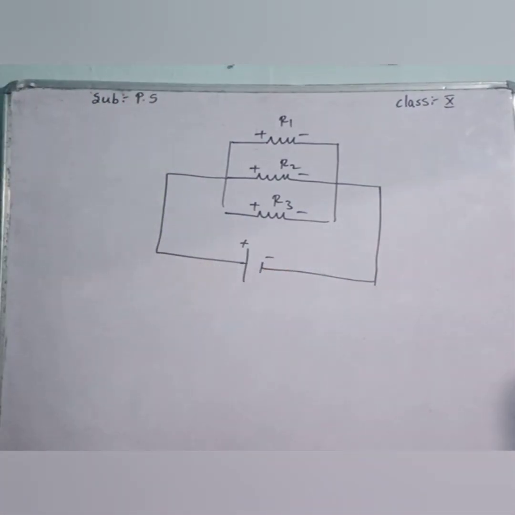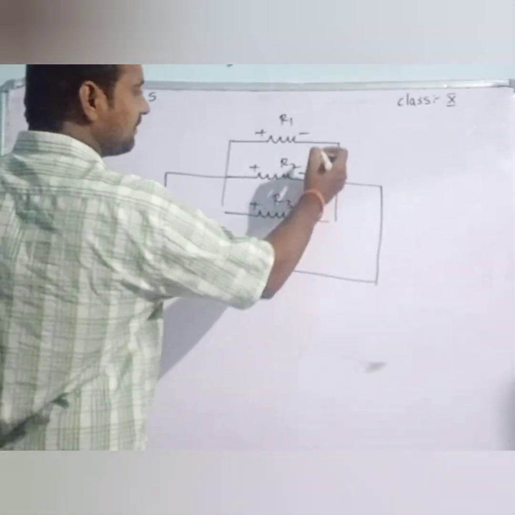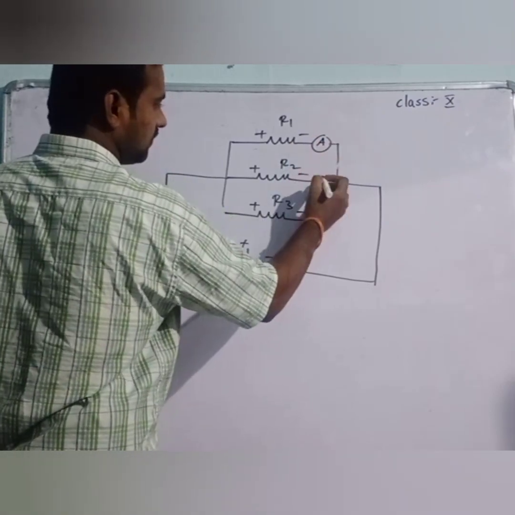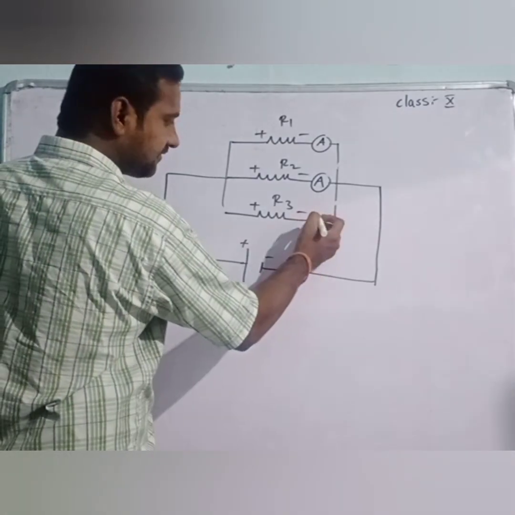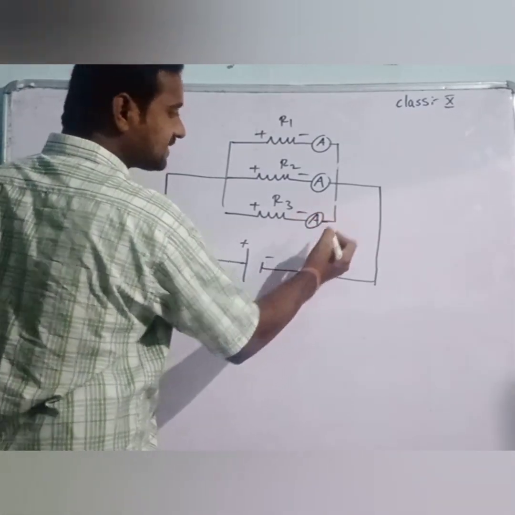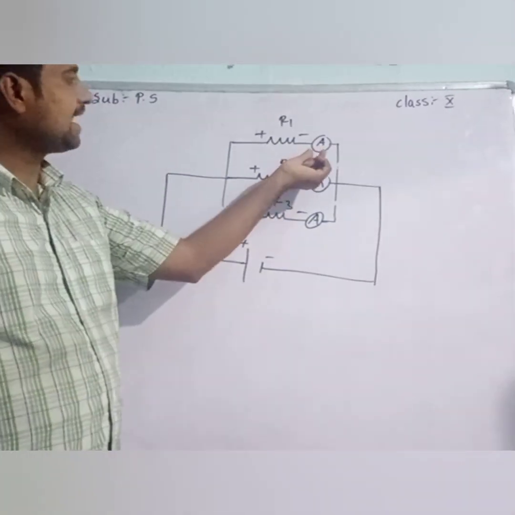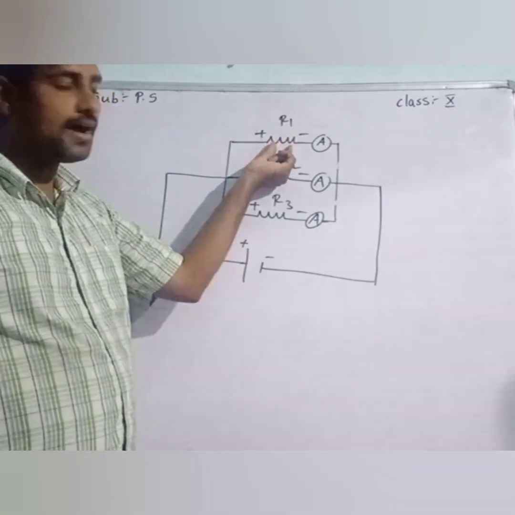Clear? Now each resistor is connected with an ammeter. The ammeter symbol is A. What is the purpose of an ammeter? It measures the current in the circuit. Here the first ammeter measures the current through resistor R1.